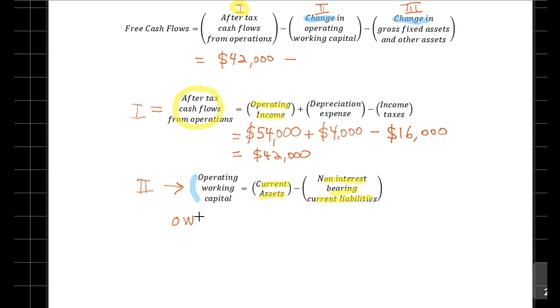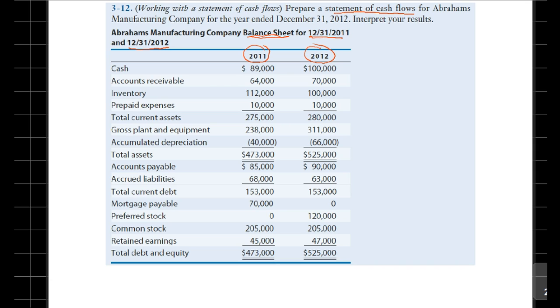Operating working capital in 2012 is equal to, so for that we will need to look into the balance sheet. Our total current assets is in the amount of $280,000, whereas non-interest-bearing current liabilities would be basically the accounts payable and the accrued liabilities.